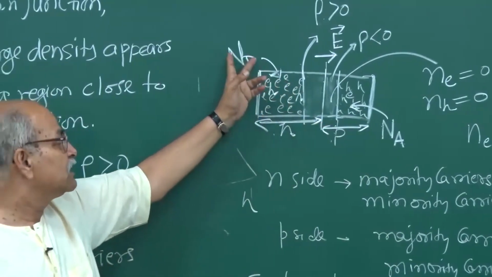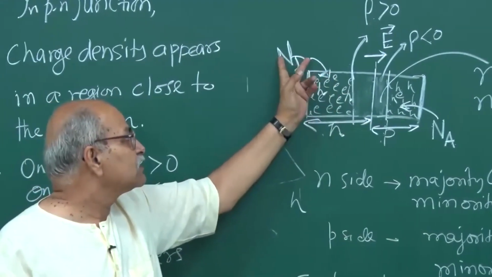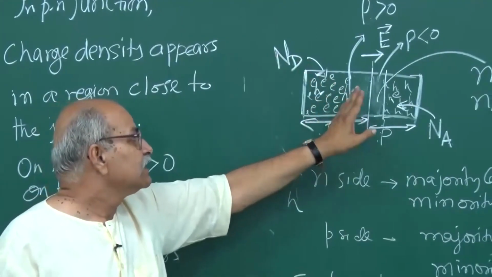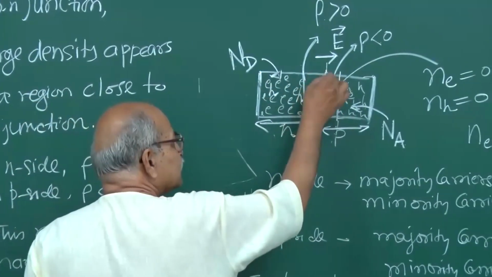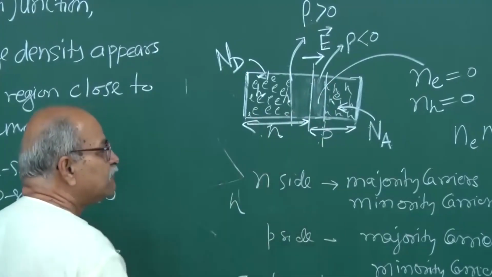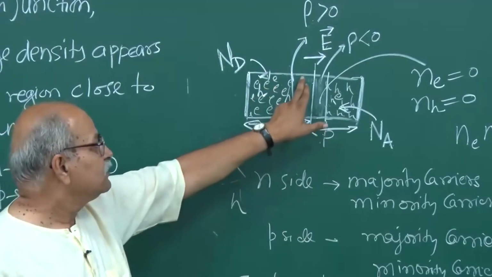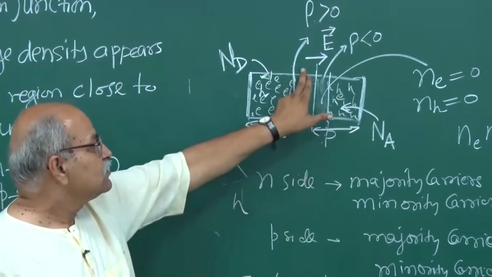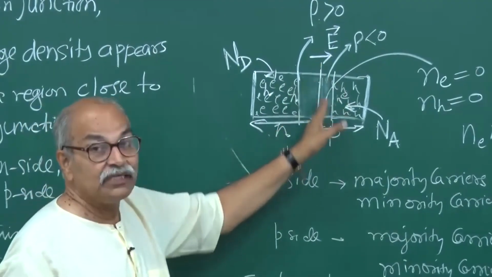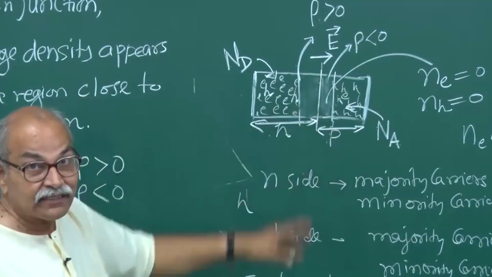If you have a large concentration of impurities, then in a very small region you have enough electrons which can go and neutralize that layer there.